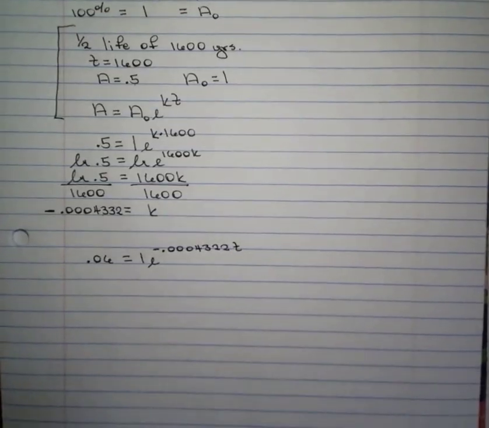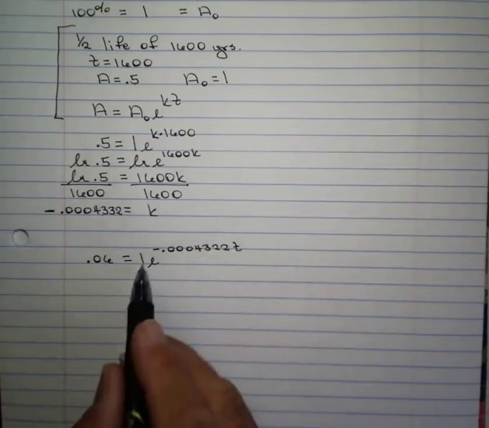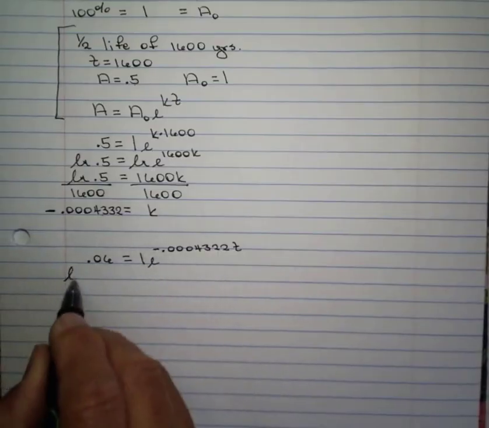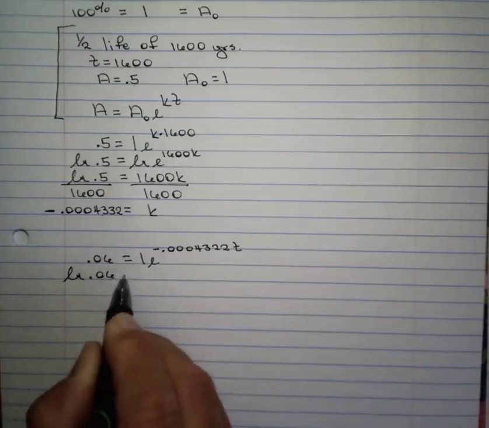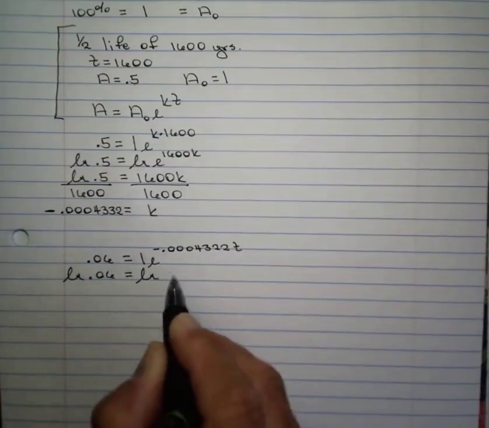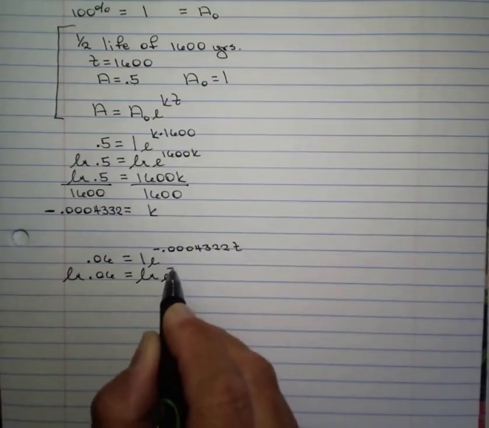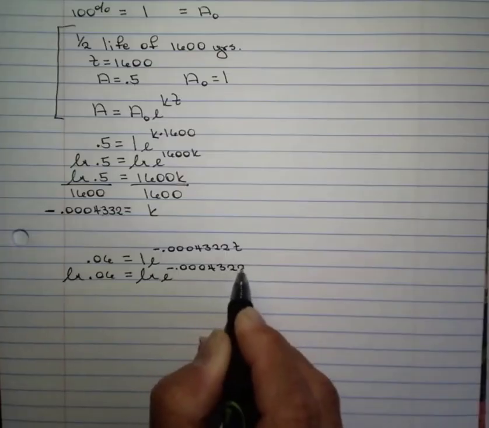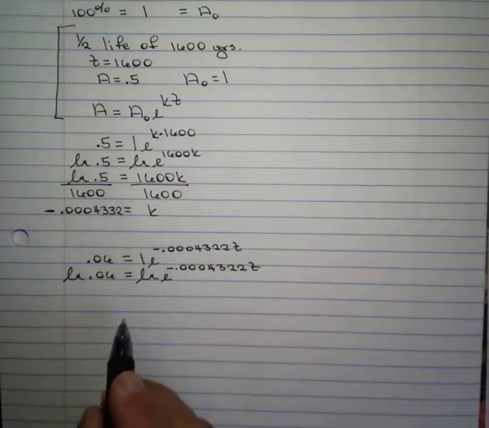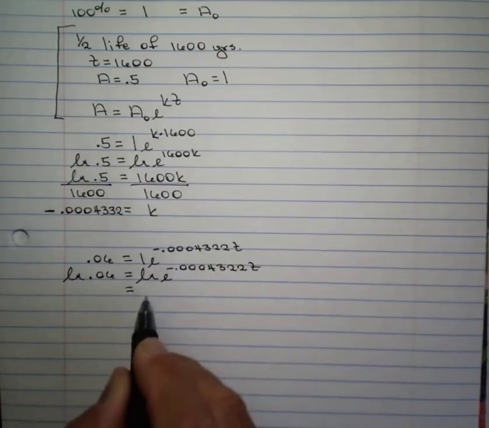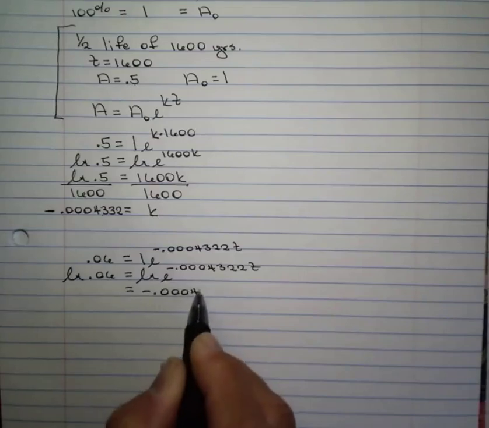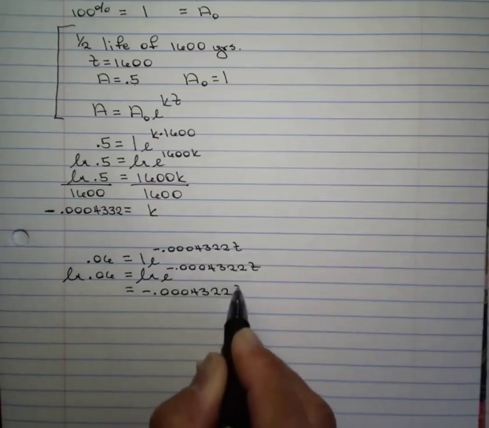There's the unknown. Now my exponent is where my variable is, so I have to use logs. This is a 1, however, so I don't have to divide both sides. I just have to take the natural log of 0.06, and that's equal to the natural log of e to the negative 0.0004322t. And what I'll do is say this is really equal to the exponent, negative 0.0004322t.